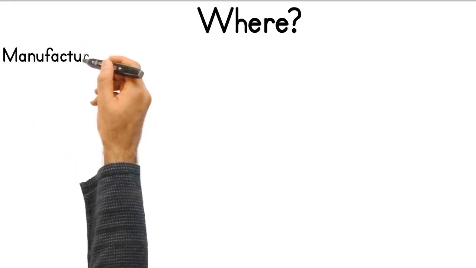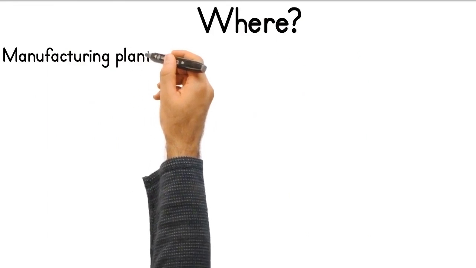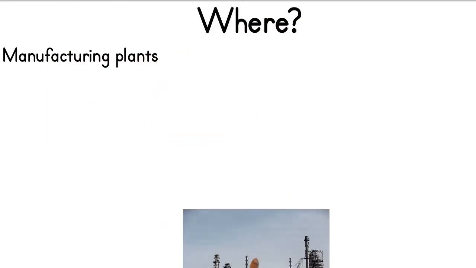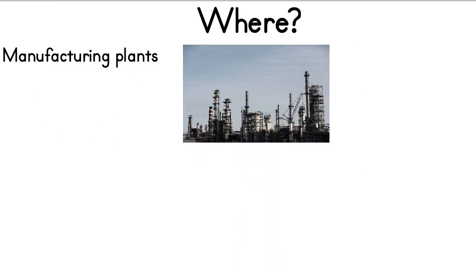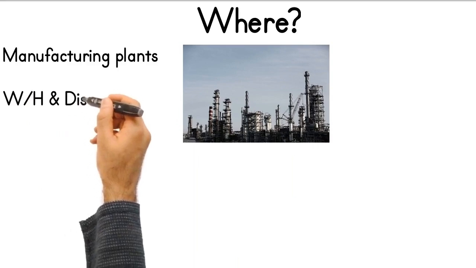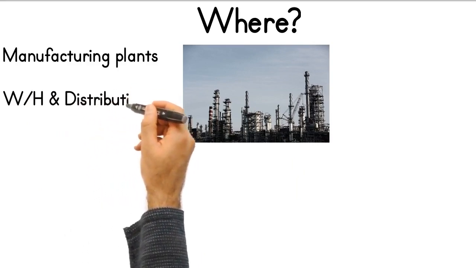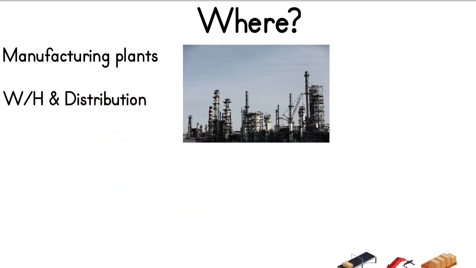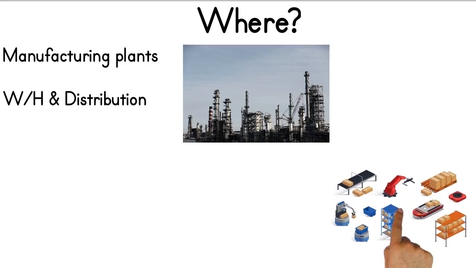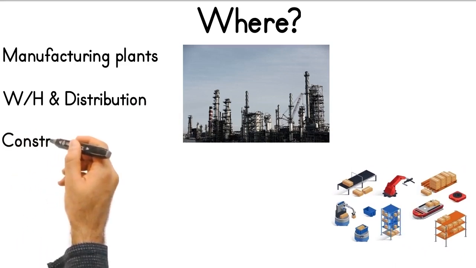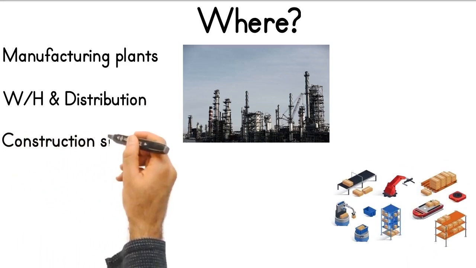Material loss reduction can be applied in various industries and areas, including manufacturing plants. This is where most material loss occurs during production processes, with scrap material, defects, and inefficient handling leading to waste. Warehouses and distribution centers: inefficient storage, mishandling of materials, and poor inventory management can result in material loss.